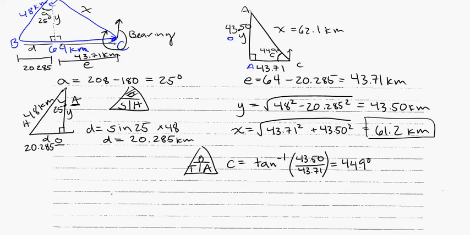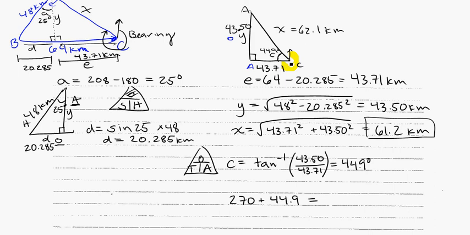So what can we do? Well, what's the angle, I should say, from north to here? That's 3/4 of a circle. So that's 270 degrees to start off with. So we're going to go with 270 plus 44.9.